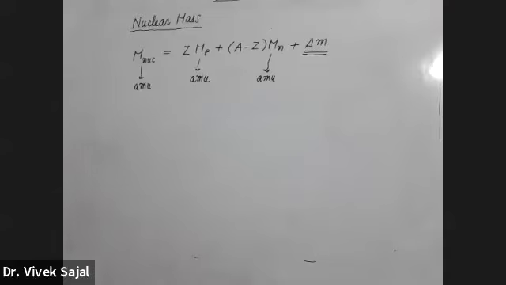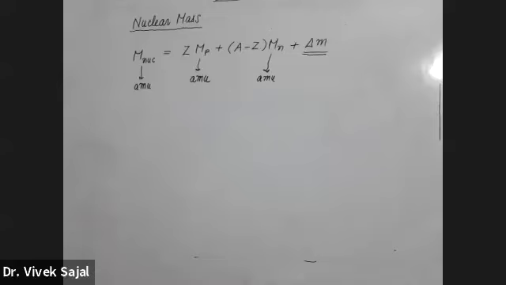So basically, in general, we are used to writing these masses in terms of atomic mass units, AMU. And many times we want to convert this mass directly into equivalent energy terms, or in MeV.